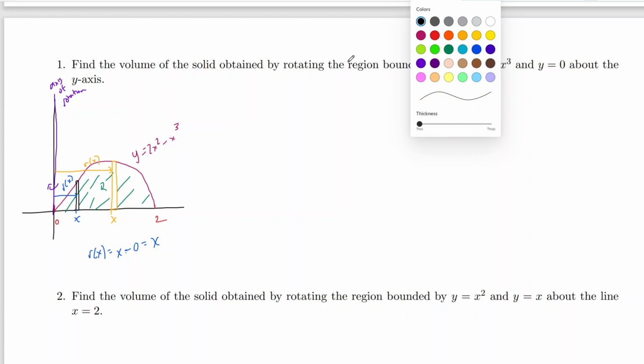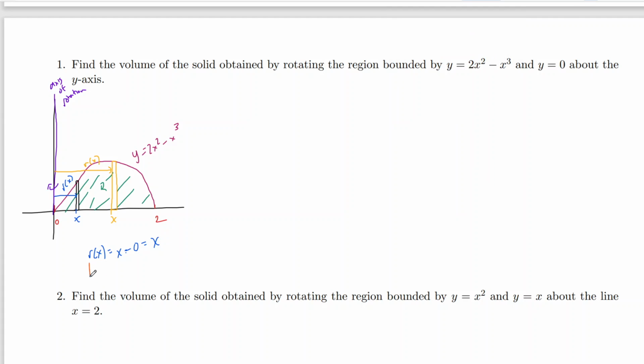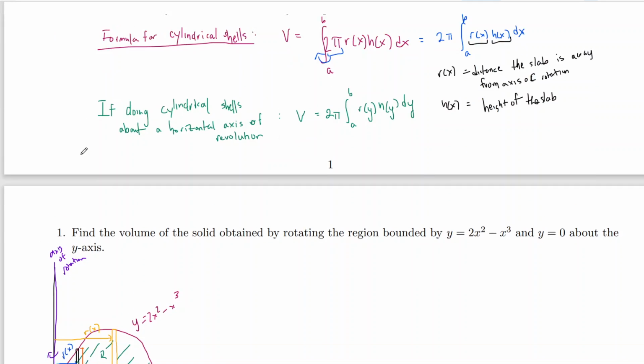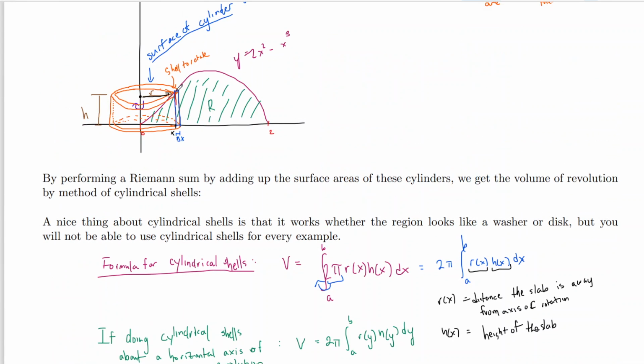Now, what is the height of our slab here? H of x. Go ahead and use a different color. Well, the height here, since it's a vertical slab, is the top minus the bottom. Because once again, when we rotate it, this becomes the height of the cylinder.